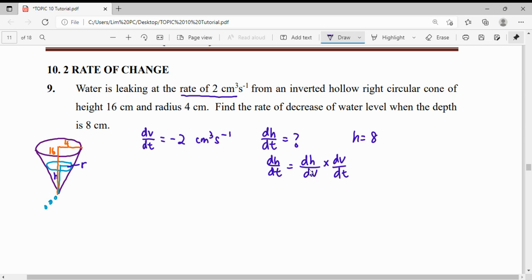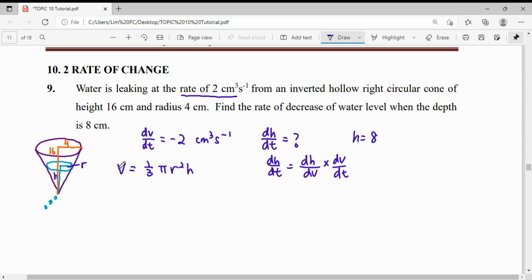From our formula, the volume of the liquid follows the volume of the container. Since our container is in the shape of a cone, the volume of our water will be in the formula of a cone, which is 1/3 πr²h. Here r corresponds to the radius of our water, and h corresponds to the depth of the water.